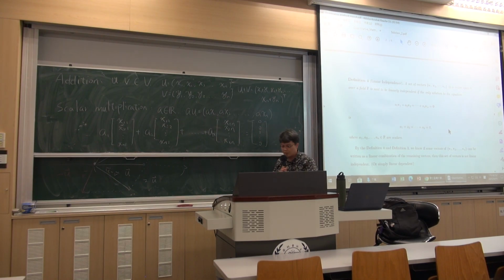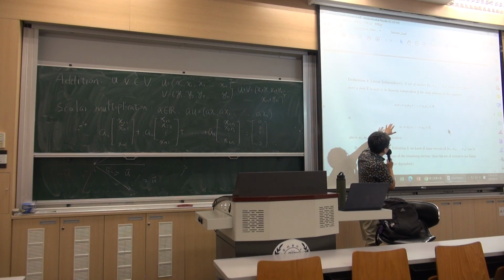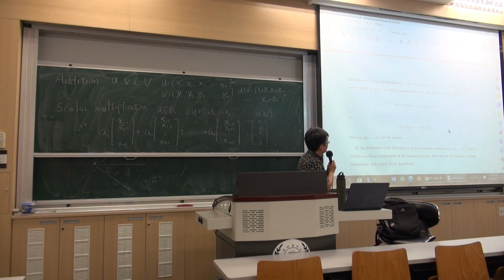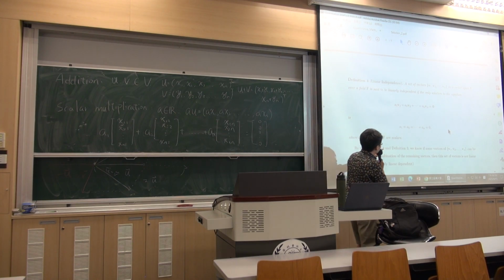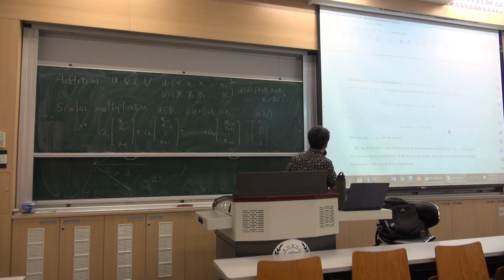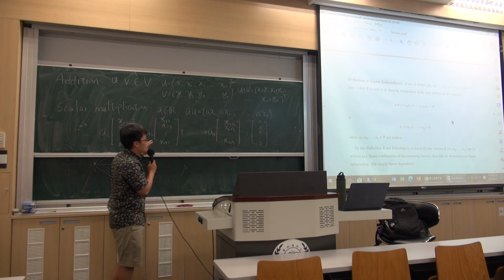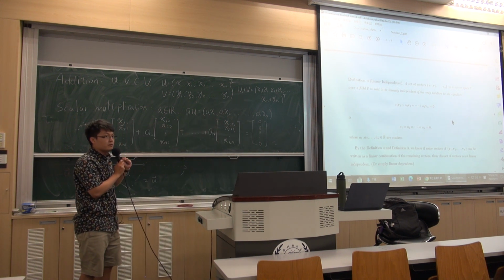You think about what kind of potential answers those a could be. If the only solution is that all the small a have to be 0, then these vectors are linearly independent.